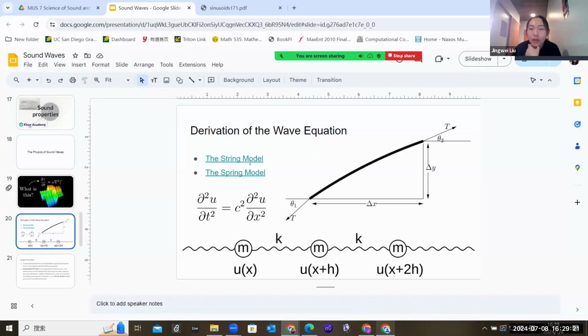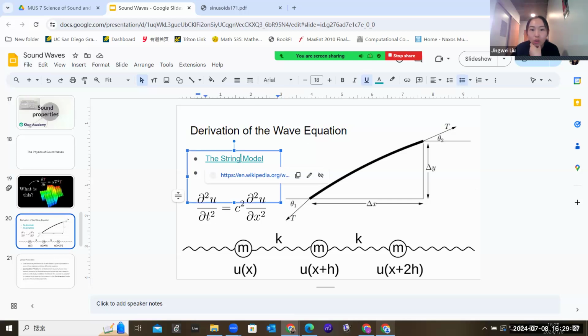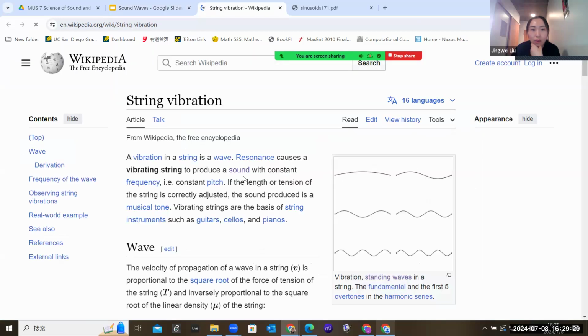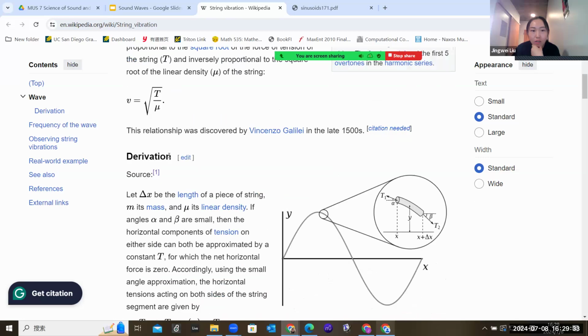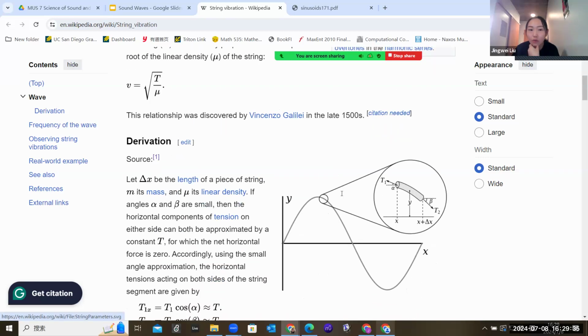So there are many ways to derive the wave equation in this form. There is a string model. Let me open this. So there's a string vibration, and here is the string model. How to derive this formula?